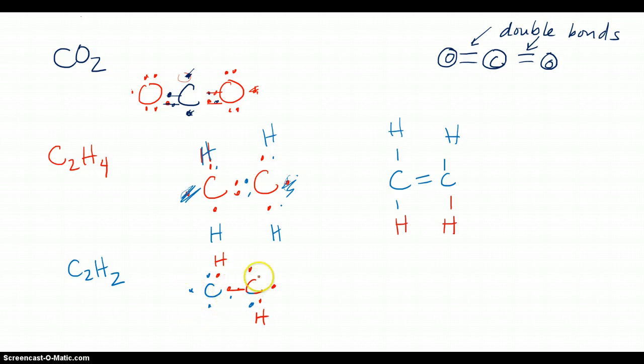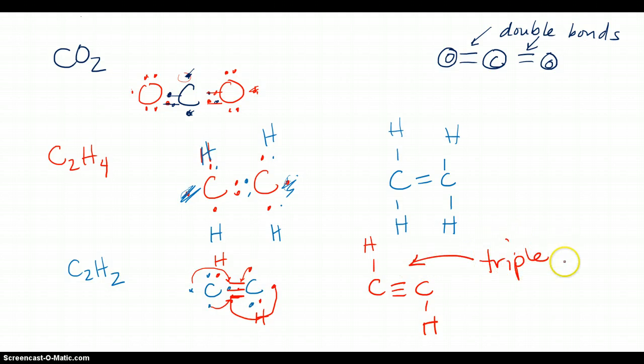But I have two electrons on this side that are by themselves and two that are on this side. And I simply move them over so that this one goes here, this one goes here. That's another bond. And now I'm going to take this one over here and this lone one over here to create the third bond. So this one has a structural formula that looks like this. And we call this here not a double bond, but a triple bond. And that ends our lesson.